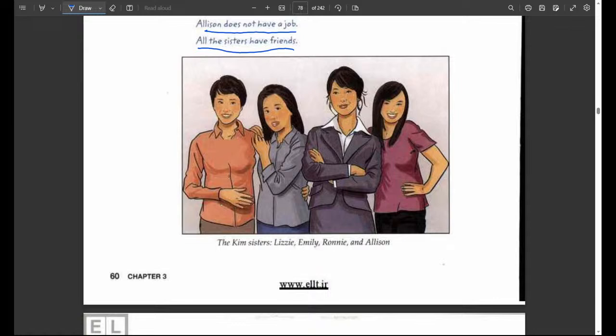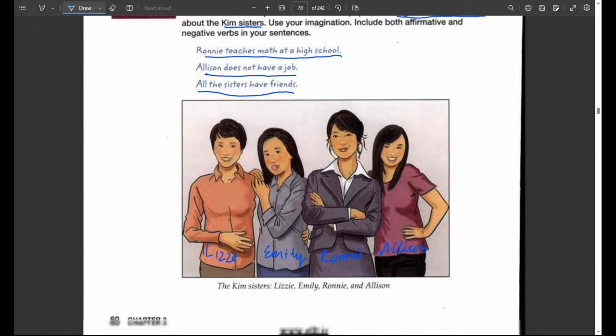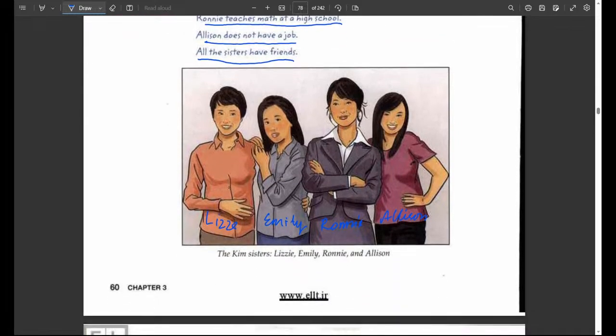Kim's sisters, let's say this is Lizzie. This is Emily. This is Ronnie. This is Alison. Alright, now you're supposed to write 8 sentences.